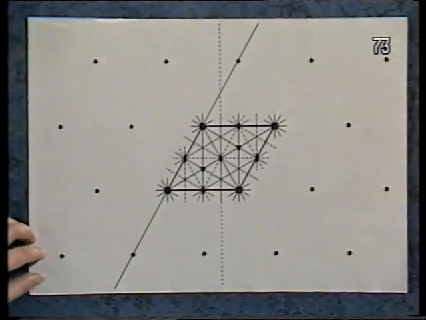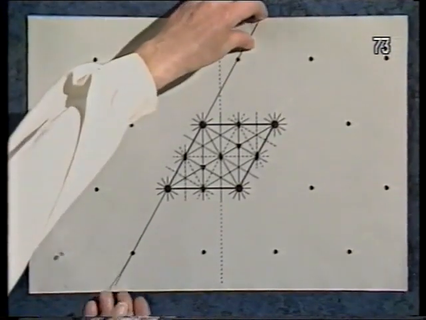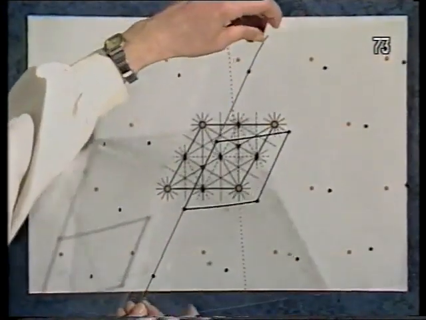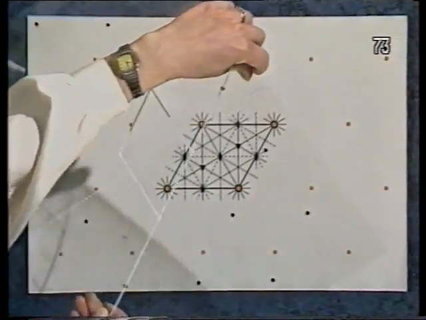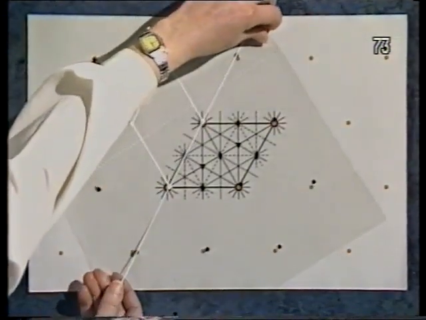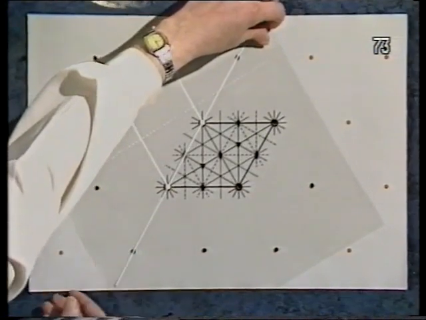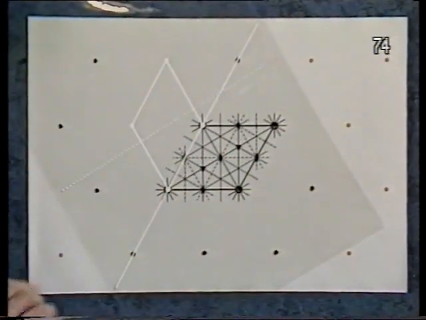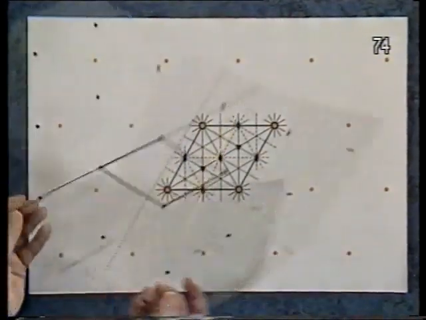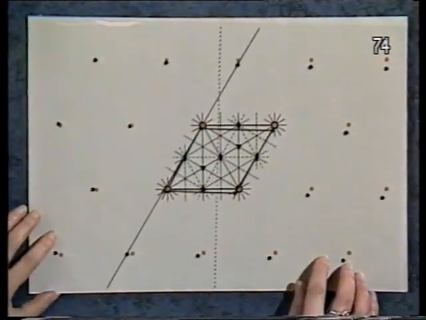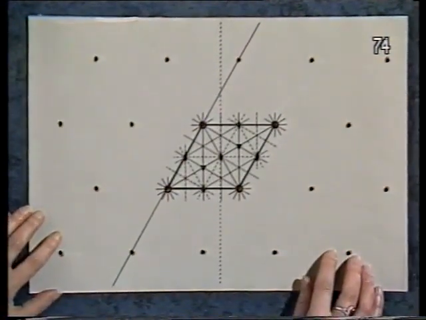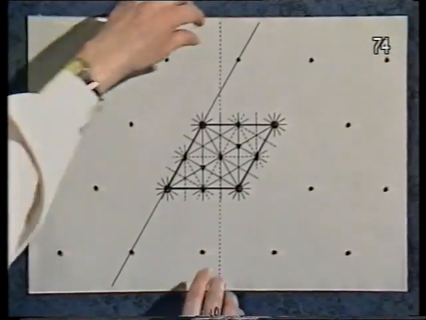A reflection in a side. And a glide reflection in an axis through the centre.